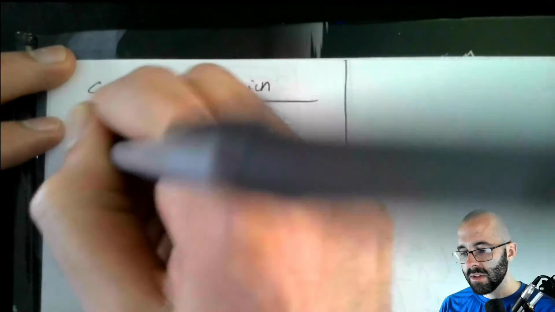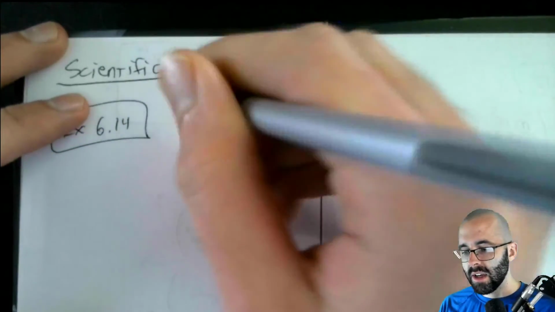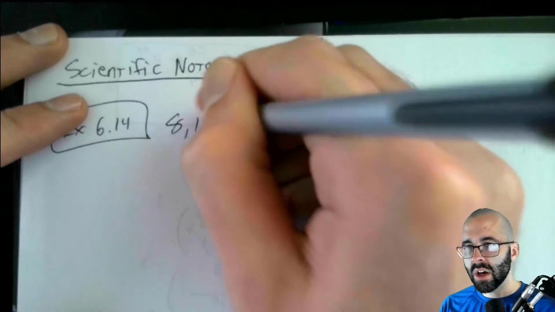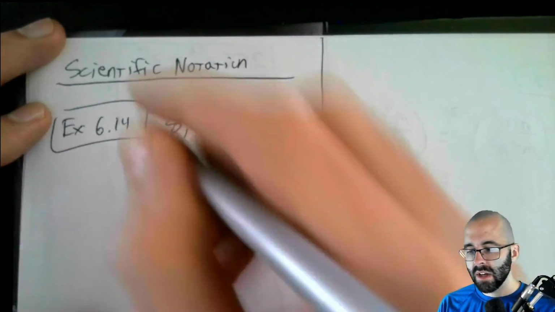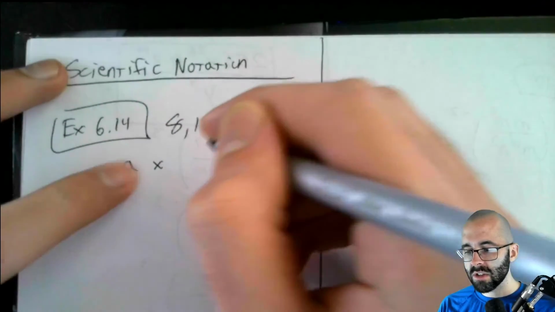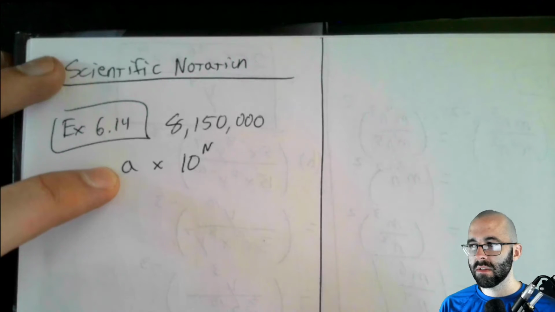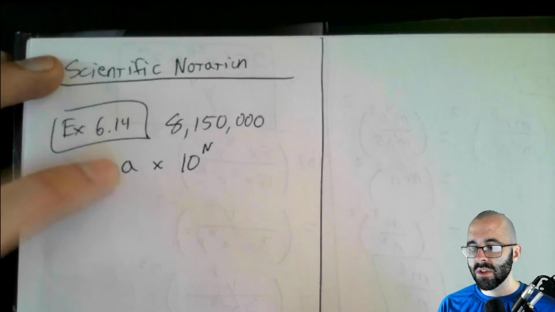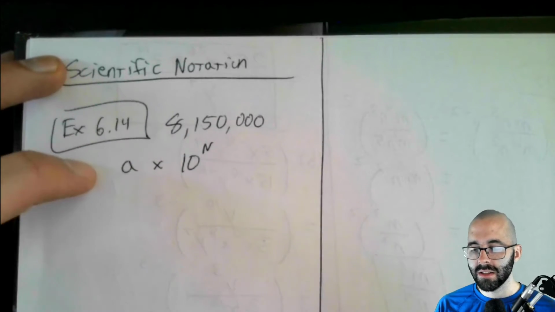So we have example 614, and we want to convert 8,150,000 to scientific notation. So remember that all scientific notation is some number A times 10 to the nth. So the A is going to be a number between 1 and 10, not including 10.